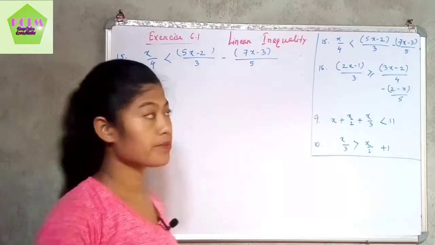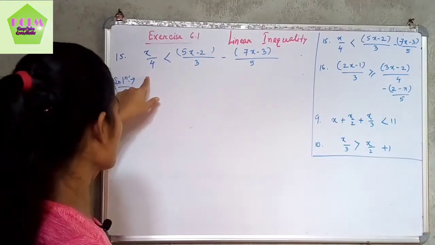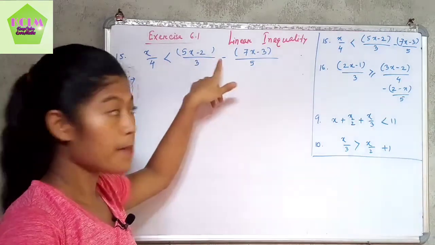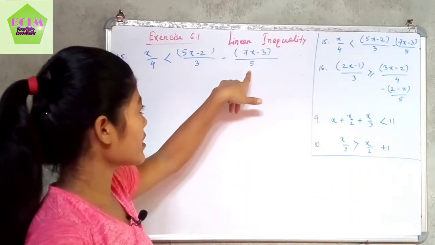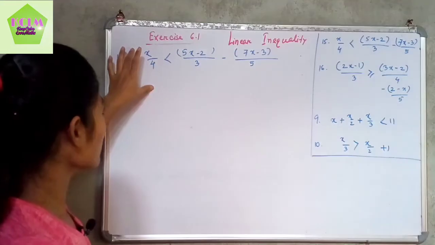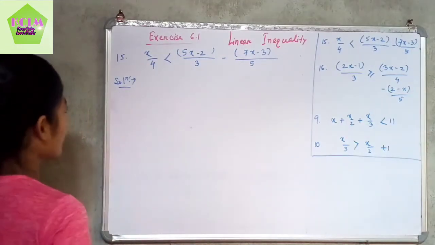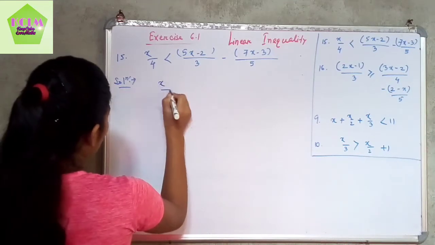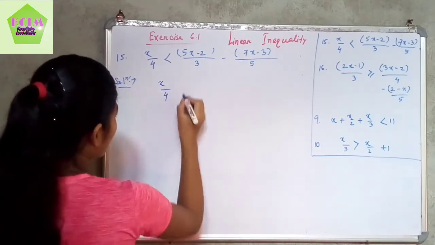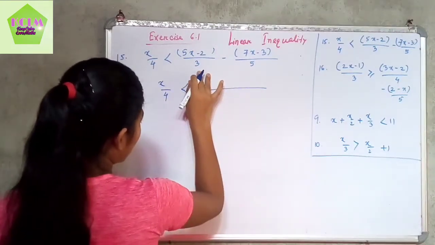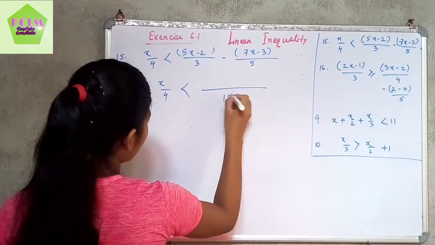Now question number 15, that is x by 4 is less than (5x minus 2) divided by 3 minus (7x minus 3) divided by 5. We need to solve for real x. First of all, we take the LCM on the right hand side. The LCM of 3 and 5 is 15.